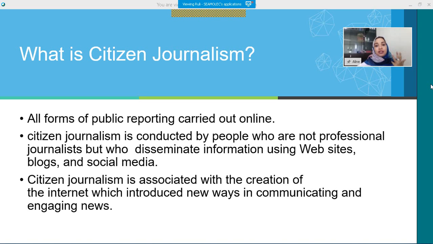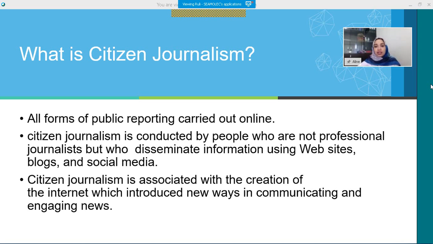And the next definition of citizen journalism, according to Sonny Albrado in the very current year of 2019, in his article: citizen journalism is conducted by people who are not professional journalists, but disseminate information using websites, blogs, and social media.